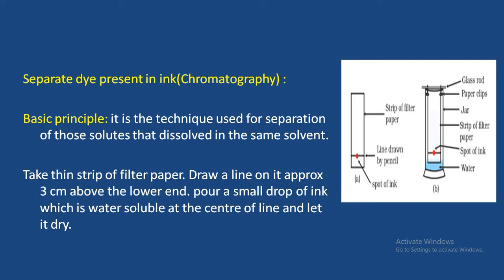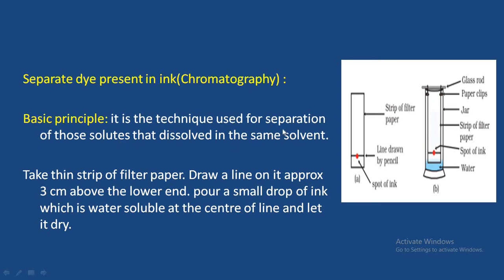This process is used to separate where the solute is present in the same solvent, meaning colored components are present in the dye, where the dye is the composition of different colors. Here is how we can separate. It is the technique used to separate the solutes which dissolve in the same solvent.